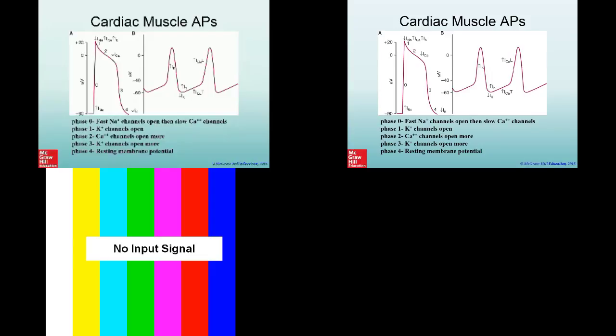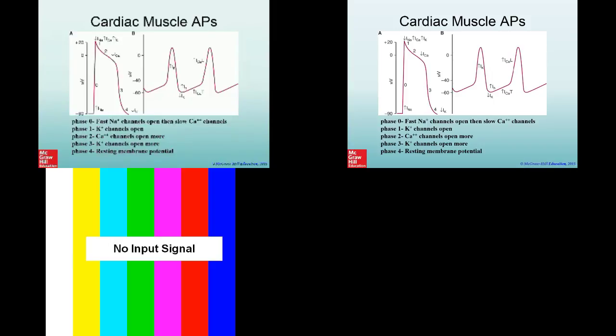Then up here, the sodium channels close, and you get this brief period where it starts to repolarize. Phase 1. But because the calcium channels are opening, calcium is coming into the cell, giving you phase 2, and that's the plateau that extends the refractory period.